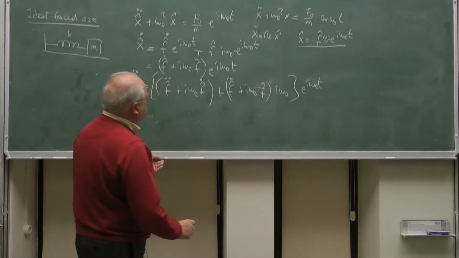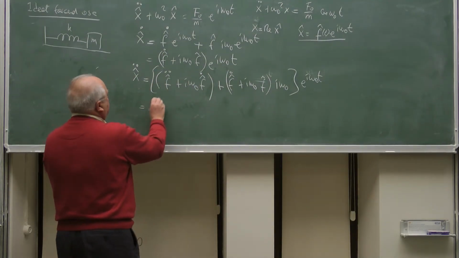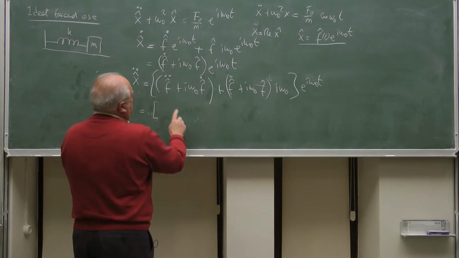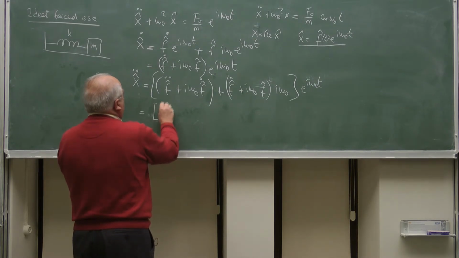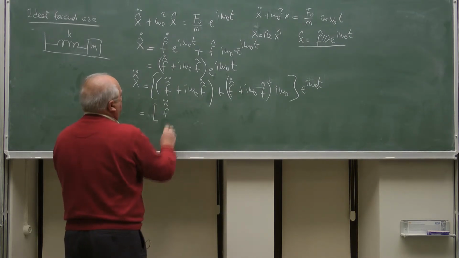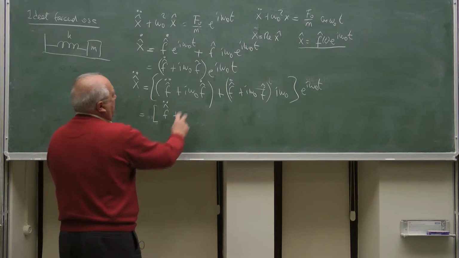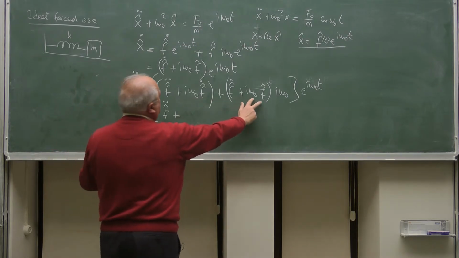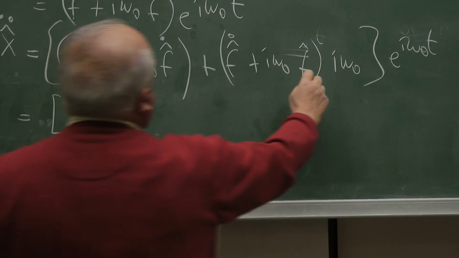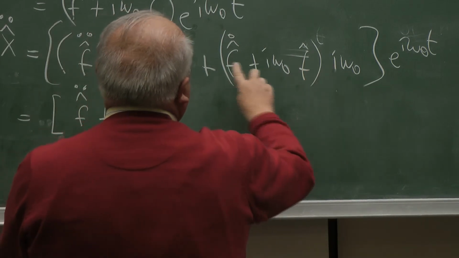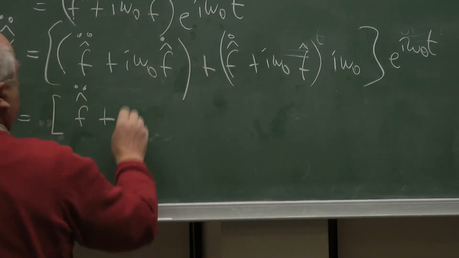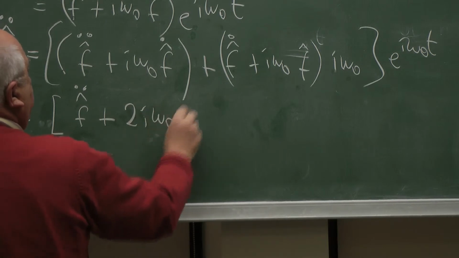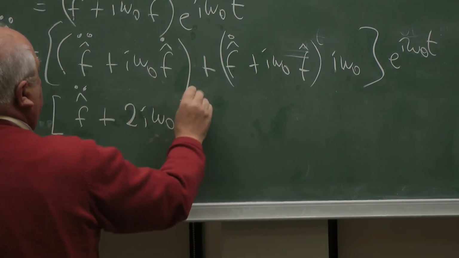And let's now collect the terms. I have f double dot, plus i omega 0 f dot, i omega 0 f dot, 2i omega 0 f dot.